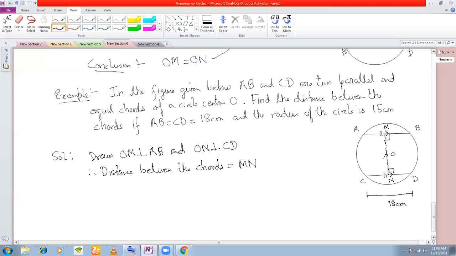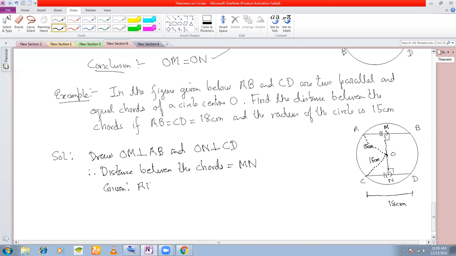That means this radius here is 15 centimeters, right? And this is also 15 centimeters, right? So now, first of all, the length of the chords is given here.